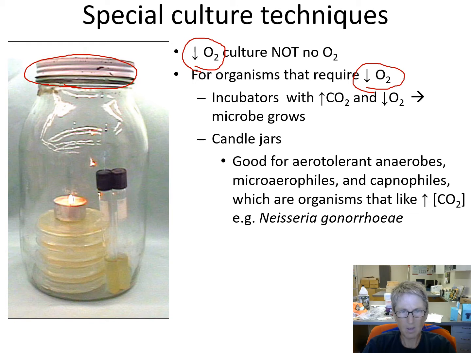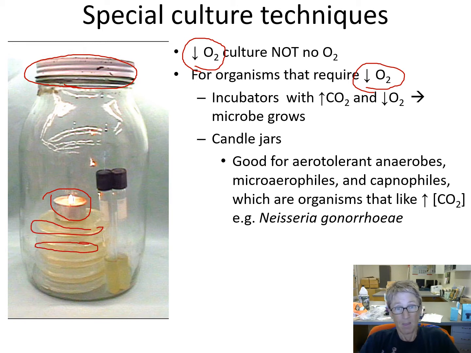It's got high CO2 and low molecular oxygen. So it looks like it's just a big old glass container with a lid, and then you burn a candle inside it, and then here's your plates that you can grow. So organisms that like a lot of CO2, like Neisseria gonorrhea, you can grow them in these special culture containers called candle jars.